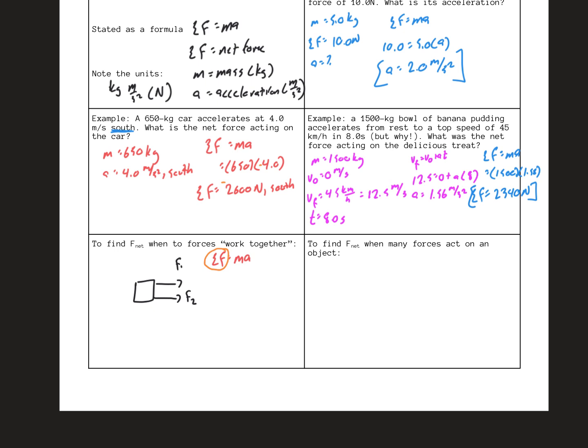So one of the first things we have to do is figure out what is causing the net force. In this case, because both F1 and F2 are pointing to the right, the positive direction for us, we say F1 plus F2. We can then pull these together and say that F1 plus F2 is equal to ma.